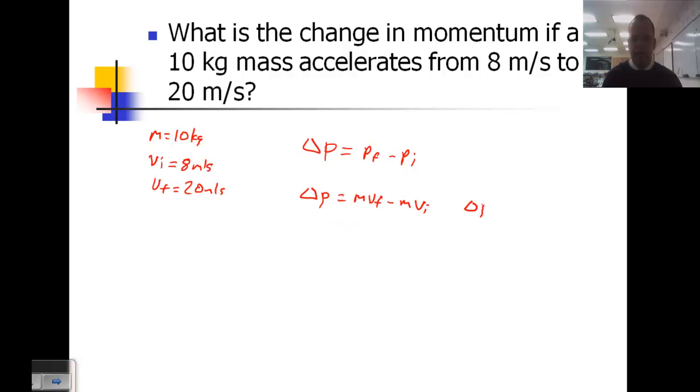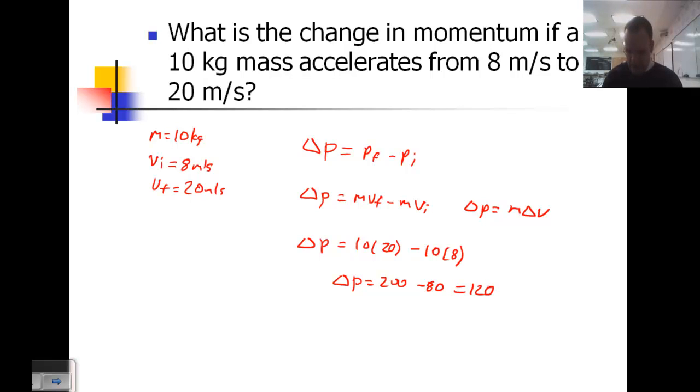Or you could write this change in momentum as mass times change in velocity. So in here, our change in momentum will be 10 times 20 minus 10 times 8, so 200 minus 80, which is 120. So the change in momentum is 120 kilogram meters per second.